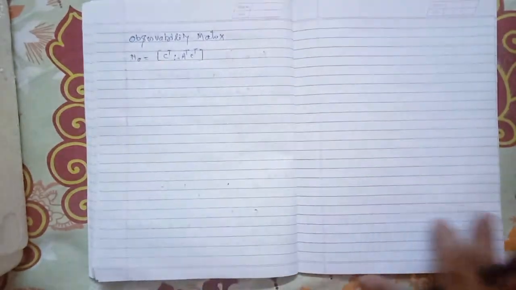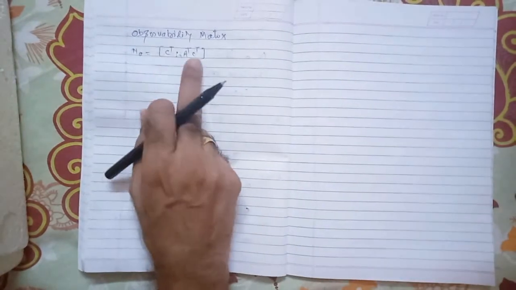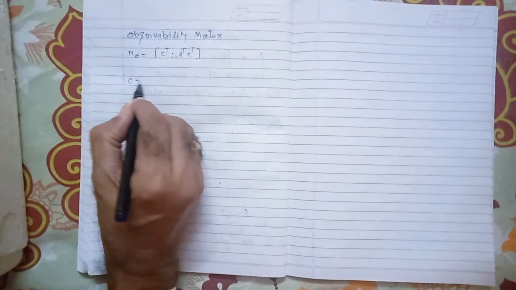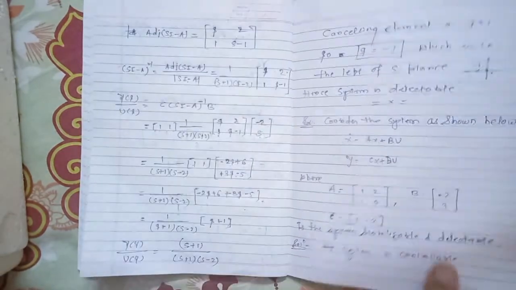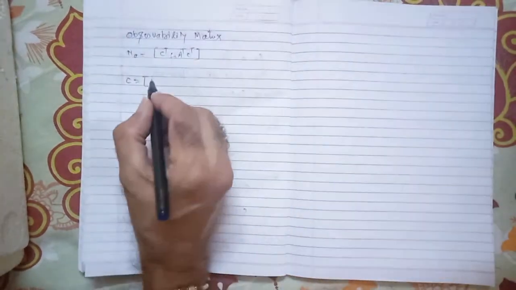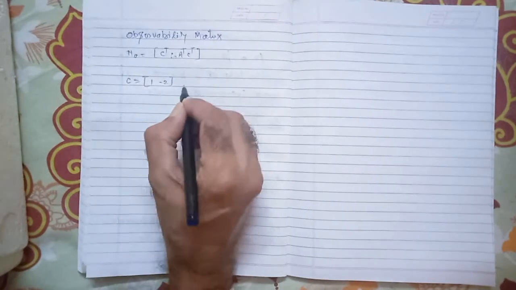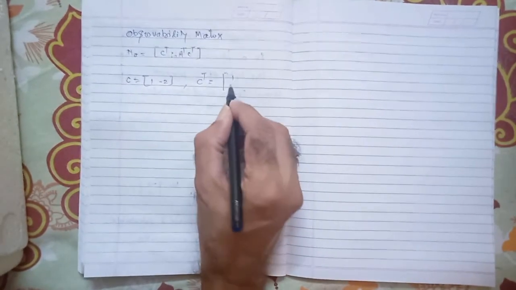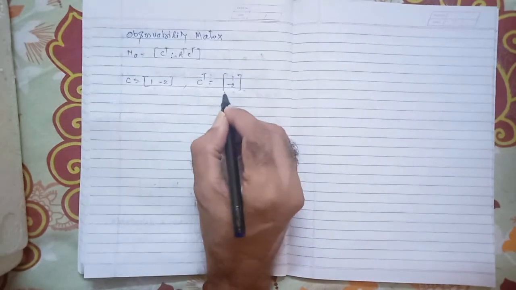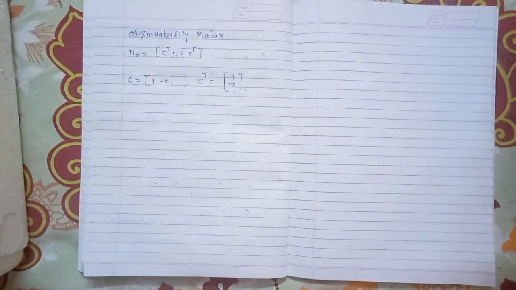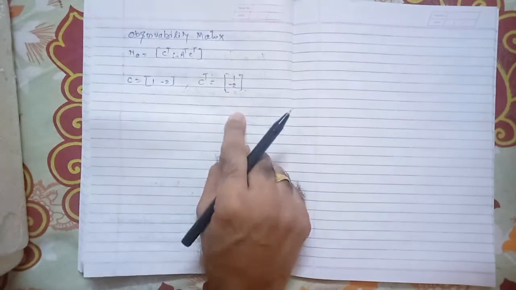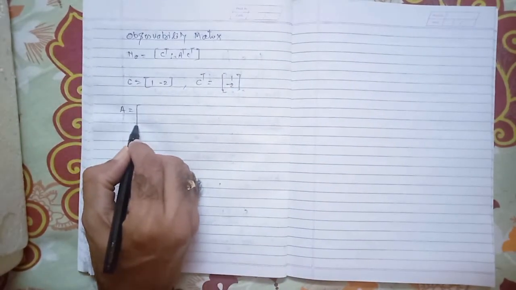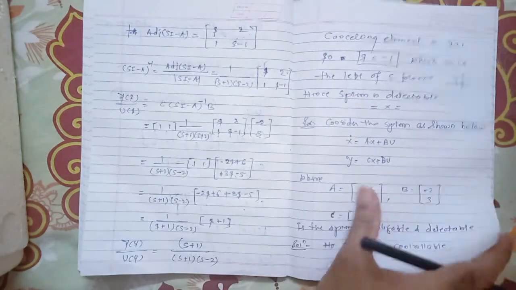Now we know C equals 1 minus 2, so C transpose equals 1 and minus 2, that row gets converted into a column. And A is given, A is 1 2 1 0.